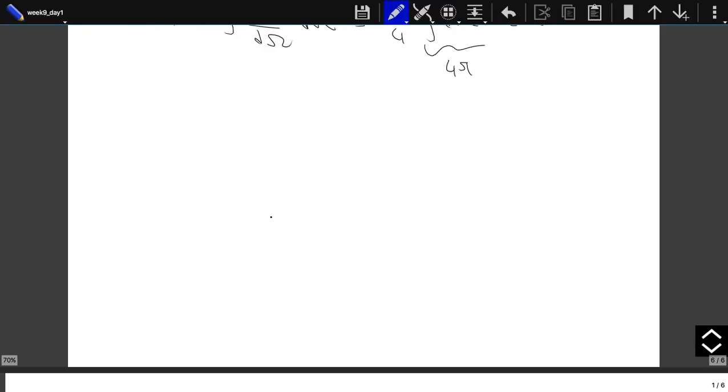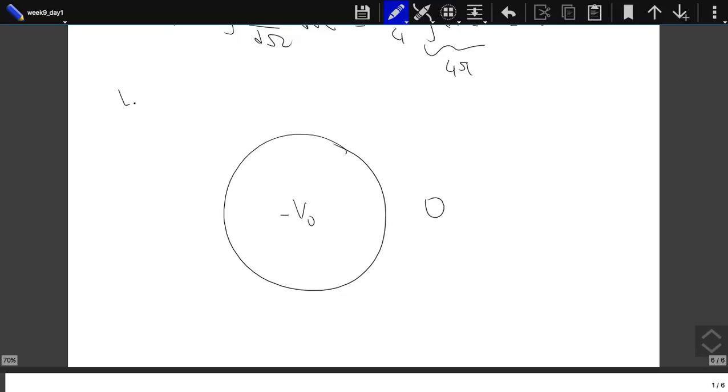Let me ask you this question. You have a classical physics. You have a potential well in the sphere. So the potential inside is minus V0, outside is 0. It's not a hard sphere, so if you send any particle inside, it will just scatter, and this is your total scattering angle.